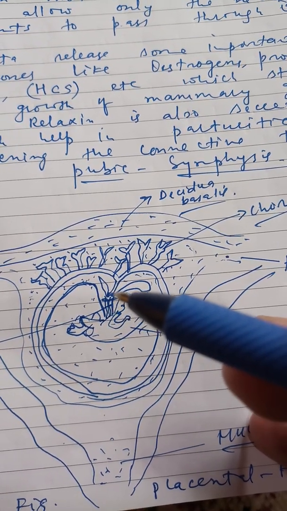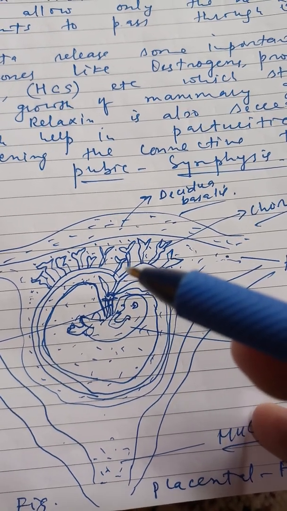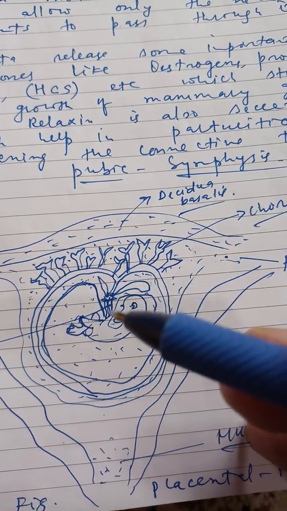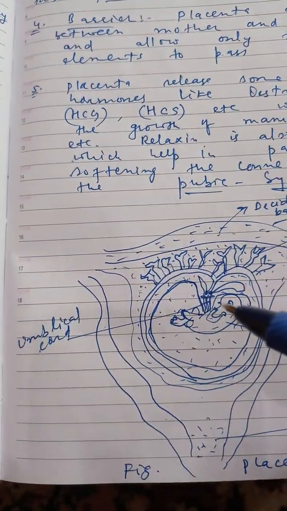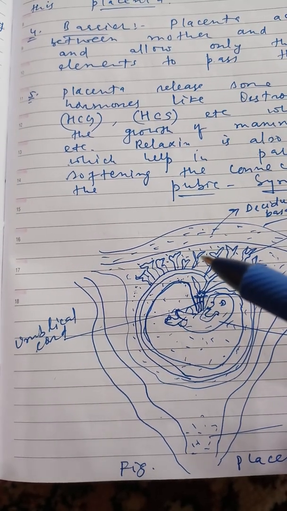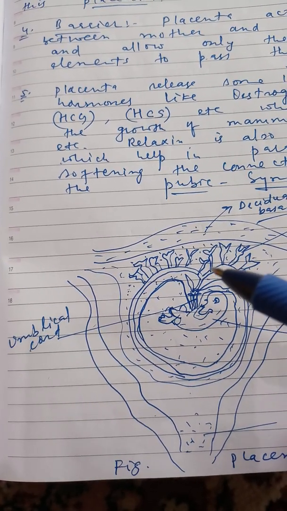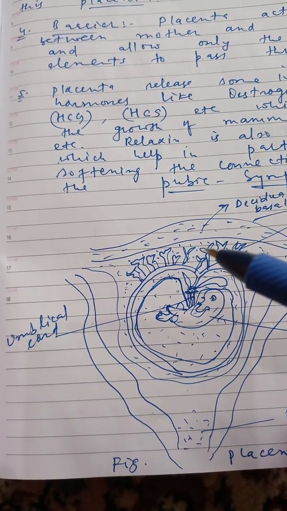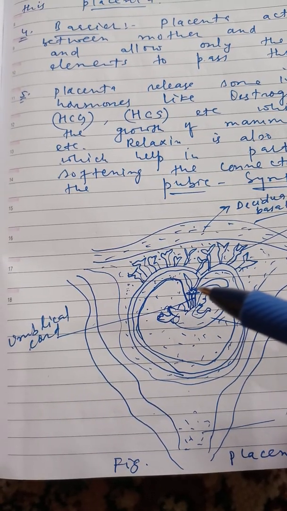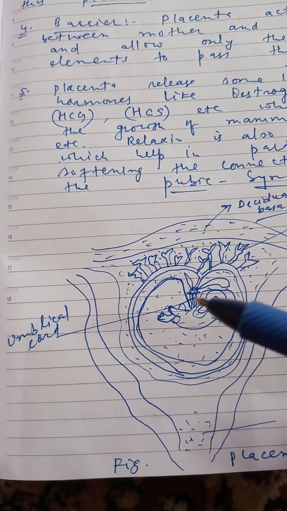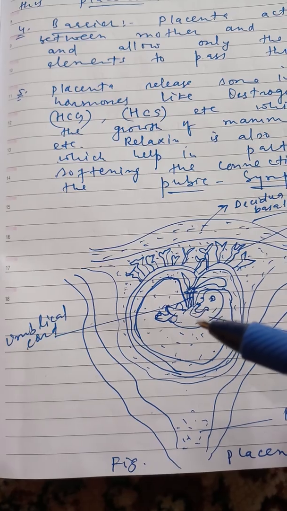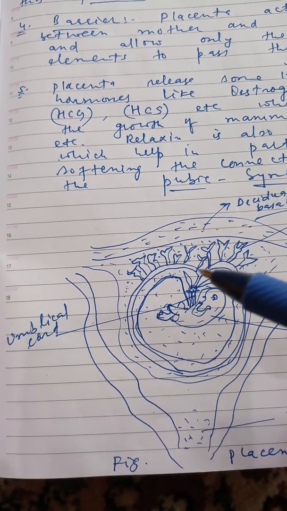There is the existence of a bridge between this placenta and the foetus, a tube-like, cord-like structure, and that is known as the umbilical cord. So, if this is our placenta, and these are chorionic villi, carrying all these things from the mother's side towards the foetus, in between them there is a cord, a tube, which is known as the umbilical cord, which connects the foetus with the placenta.